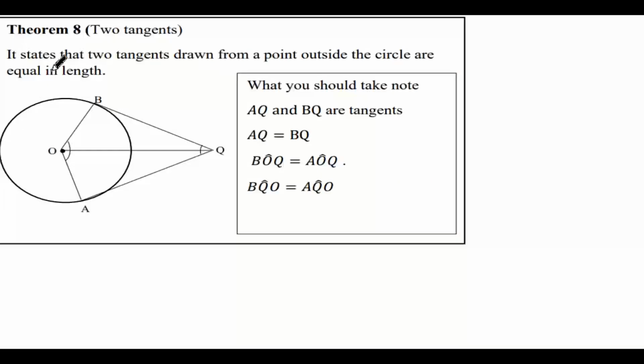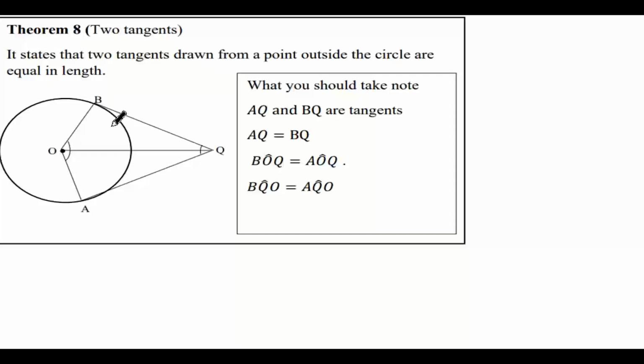The next one is theorem 8. When you have two tangents that meet at a point outside the circle, then the following will happen. We know that BQ and AQ are tangents to this circle, because they each touch the circumference at a point.